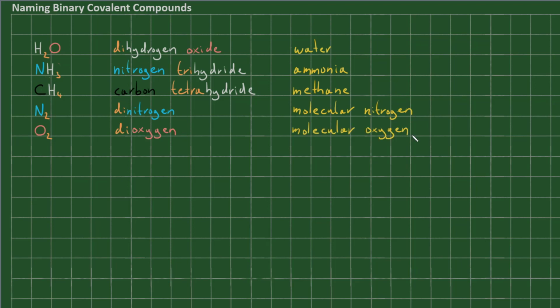The same is true for molecular halogens. So, for example, if I have Cl2, I could call it dichloride, or I might refer to it as molecular chlorine. So keep in mind, when naming binary covalent compounds, we have guidelines.